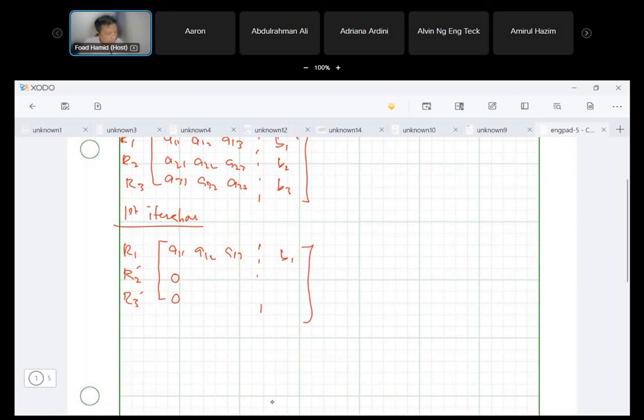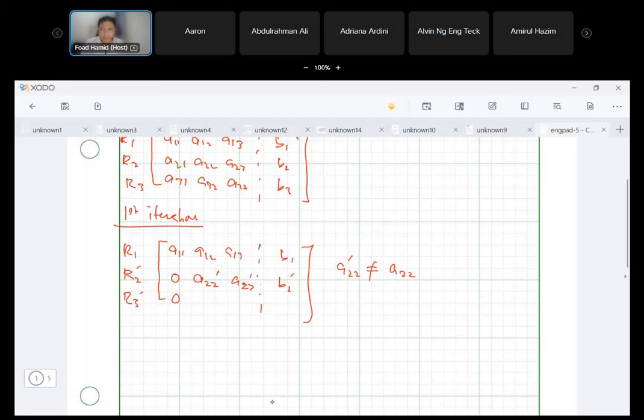So this becomes A22 prime after the first iteration. Prime is just the first iteration. A23 prime and B2 prime. And for your information, A22 prime is not equal to A22.